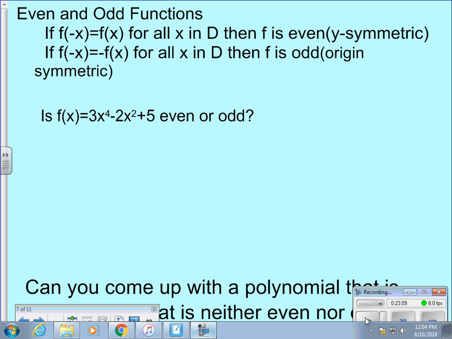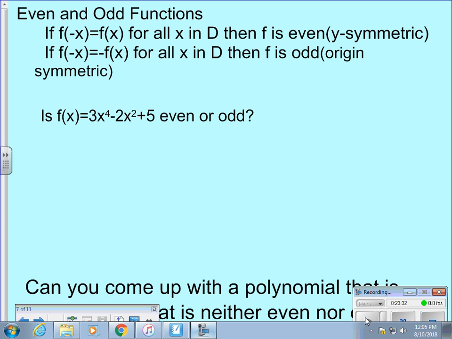If you stick a negative number in, let's say you put in -2 and you put in +2 and you get the same output, that's an even function. For x and its opposite, if you put x and you put its opposite value in the function, you get the same value, it's an even function. Okay?